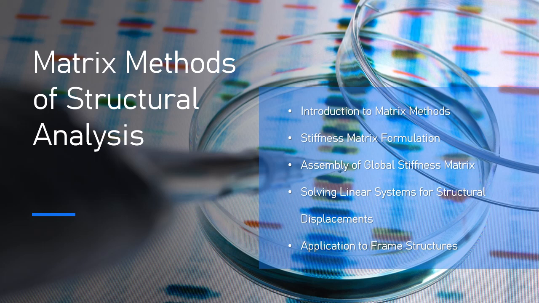4. Apply boundary conditions. Apply the known support conditions, fixed or roller supports. 5. Solve for displacements. Solve the matrix equation to find the displacements of the joints. 6. Calculate internal forces. Once the displacements are known, compute the internal axial forces in each truss member.